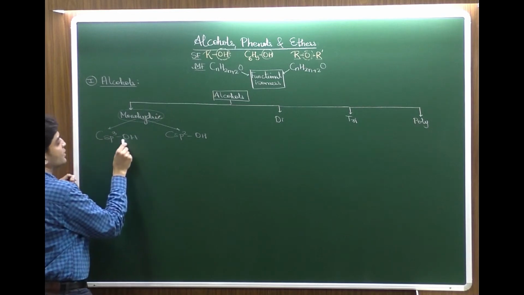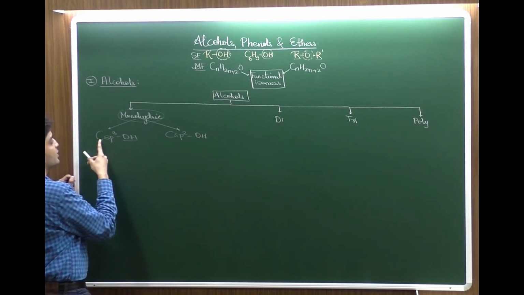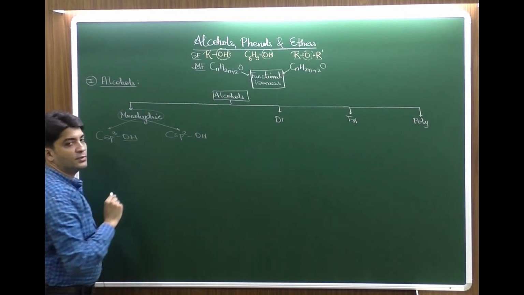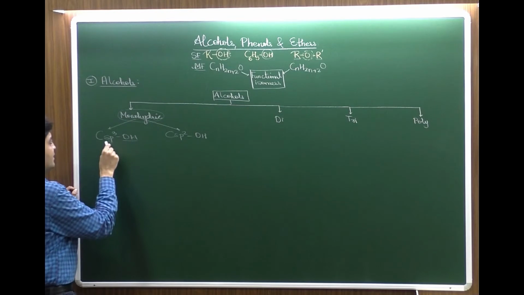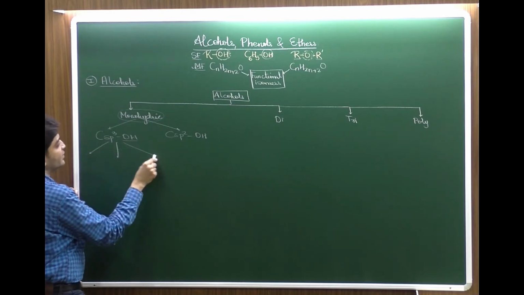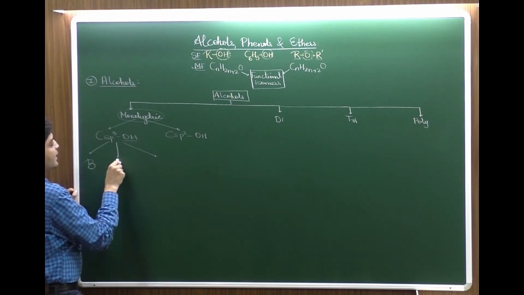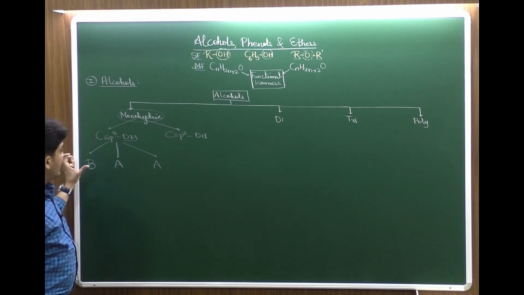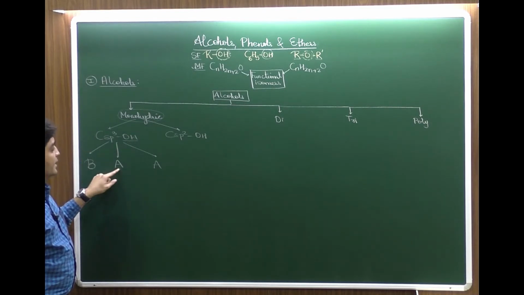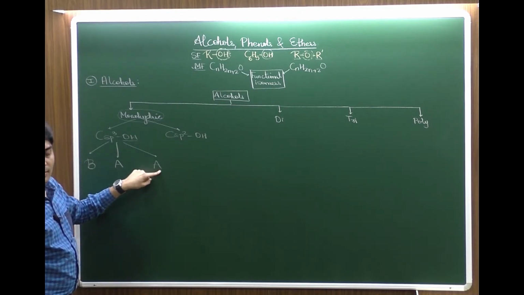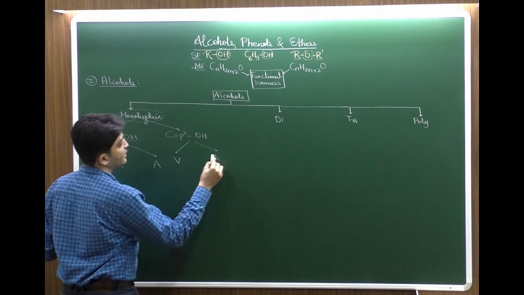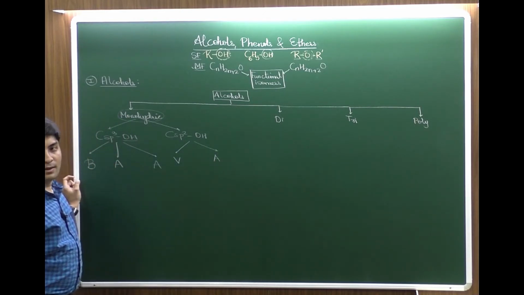This refers to the compound in which OH is bonded to an sp3 carbon, single bonded, and here it is bonded to an sp2 carbon, which is double bonded. Csp3 will be classified into three, that is BAA. I'm sure you know what BAA is. That's benzylic, allylic and alkylic. And Csp2-OH could be classified as VA, that's vinylic and arylic.